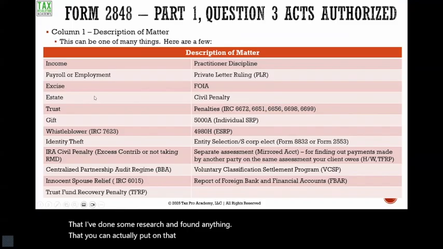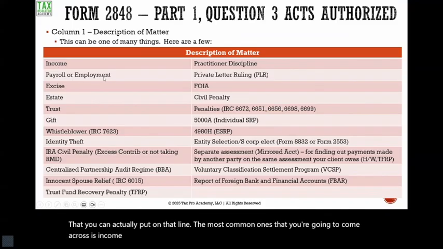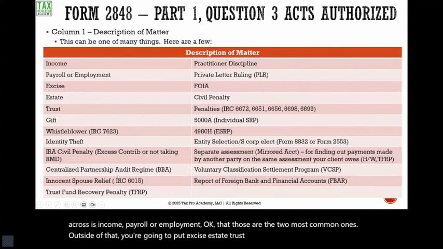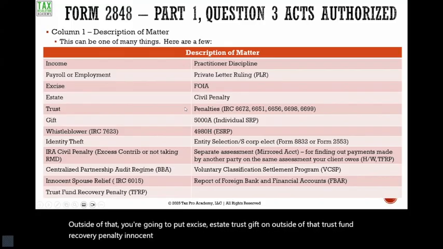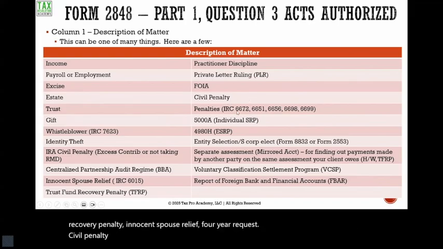The most common ones you're going to come across are income, and payroll or employment. Outside of that, you're going to put excise, estate, trust, gift. Beyond that: trust fund recovery penalty, innocent spouse relief, FOIA request, civil penalty.